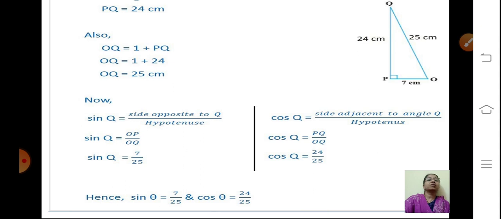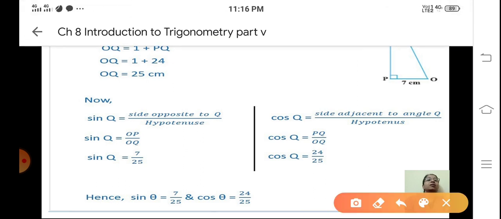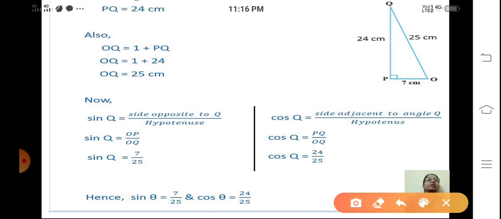Now with respect to this angle Q, let us find out what is sin Q. So Q is here. With respect to angle Q, sin is opposite side upon hypotenuse. So OP upon OQ. OP length is 7 and OQ length is 25. So sin Q is 7 upon 25. Now come to the right hand side.